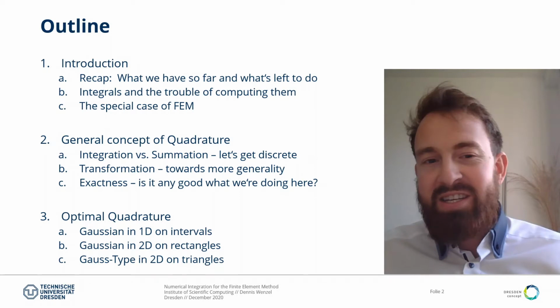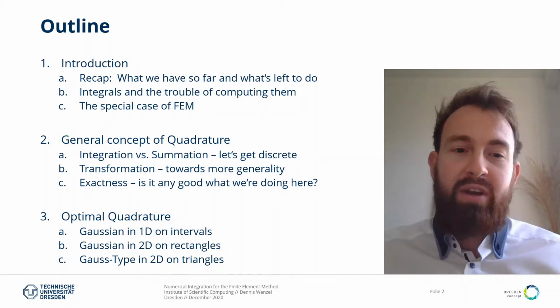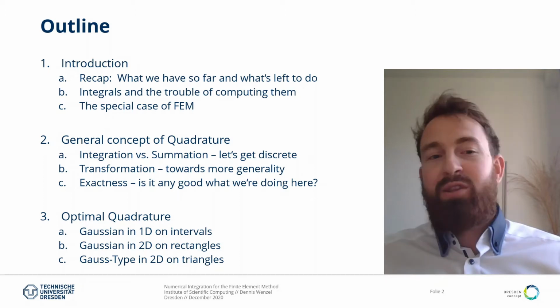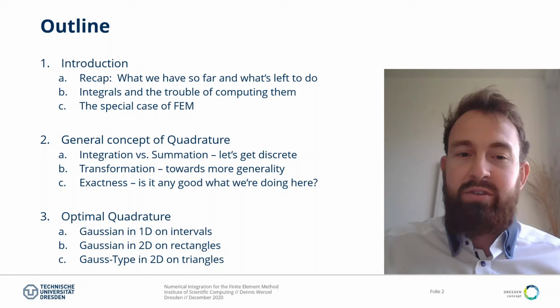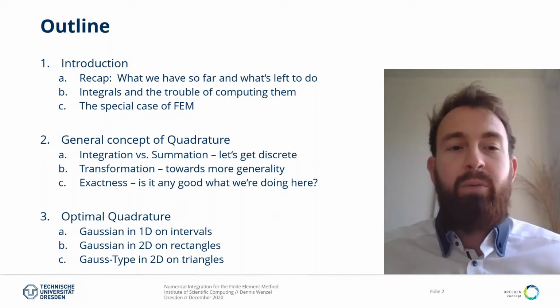And then in the end, we talk about a Gauss-type numerical scheme for integration in 2D that's specifically well suited for triangles. So we take those ideas of Gaussian quadrature and apply them on triangles and actually try to derive optimal quadrature rules there. So let's see how this all works out.